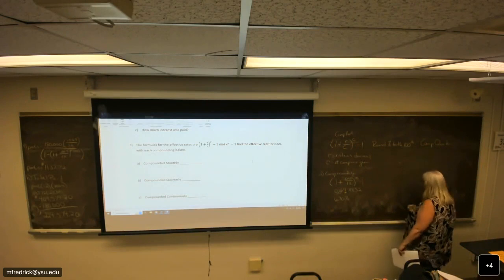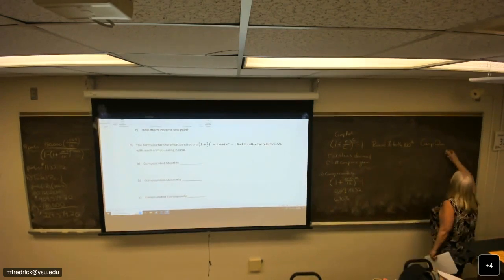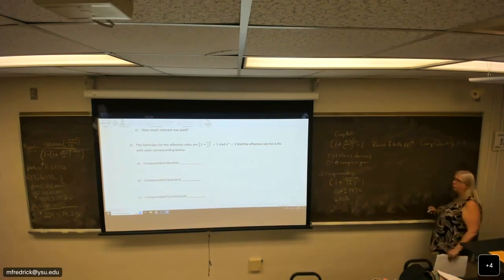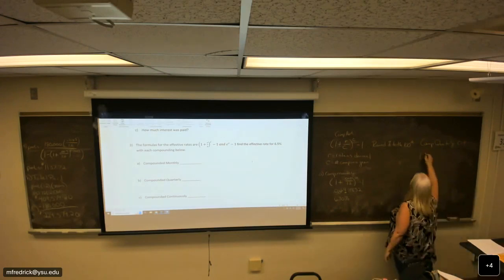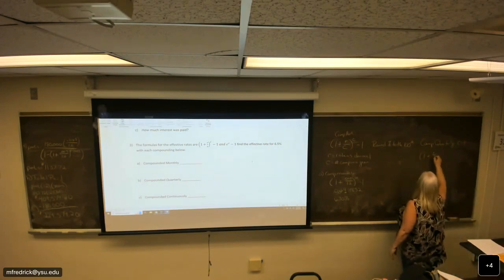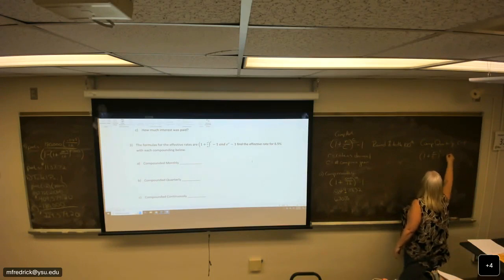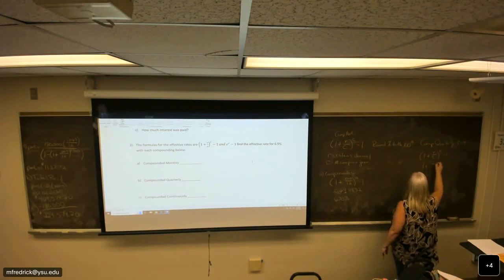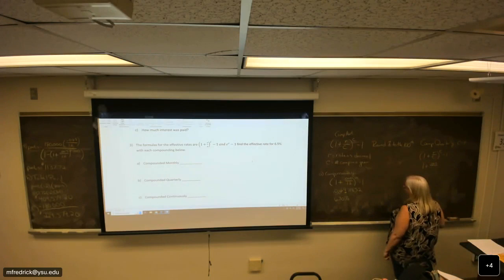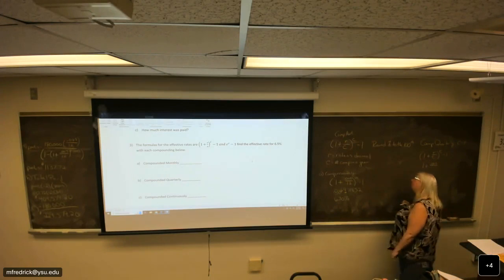How many times a year is quarterly? So it's the same problem, only your C's are 4s. Or does it have to be 0 since it rounded from a 9?